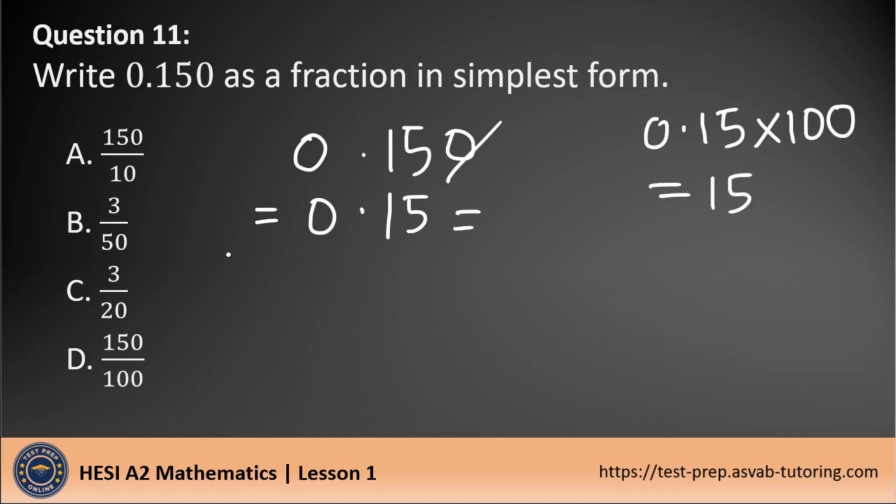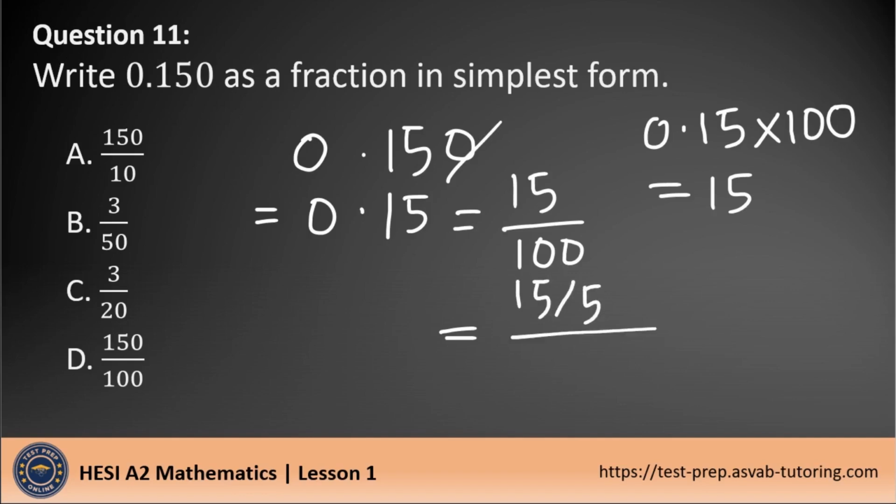So we can make it like 0.15 match with 15 divided by 100. So now find out the common number. So 15 divided by 5 and 100 divided by 5. So we will divide the numerator and the denominator by 5.